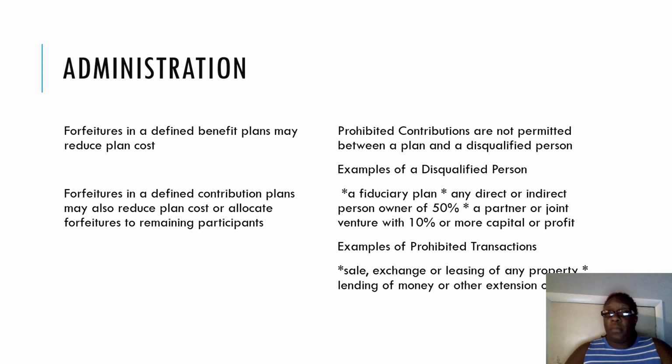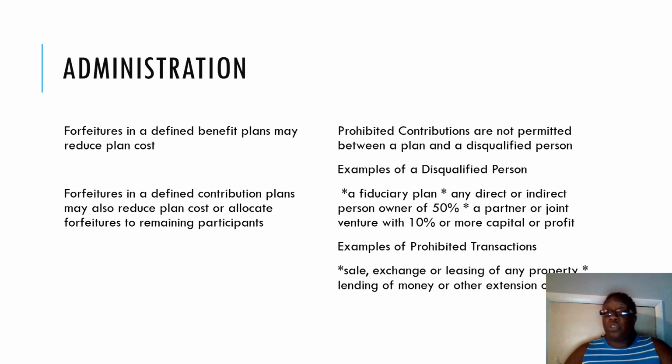A part of your administration work is to make sure you understand your forfeitures, your prohibited contributions, and also the prohibited transactions that can be done within your plan. You want to understand the forfeitures: defined contribution plans may reduce plan costs. It can also reduce plan costs for the defined benefit plans. But for the contribution plans, your forfeitures can be allocated to the remaining participants.